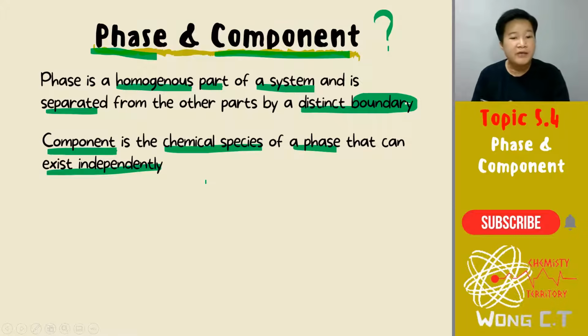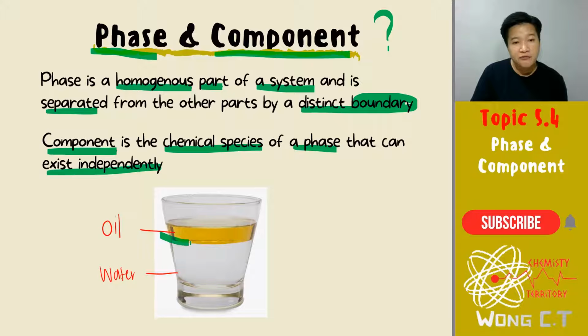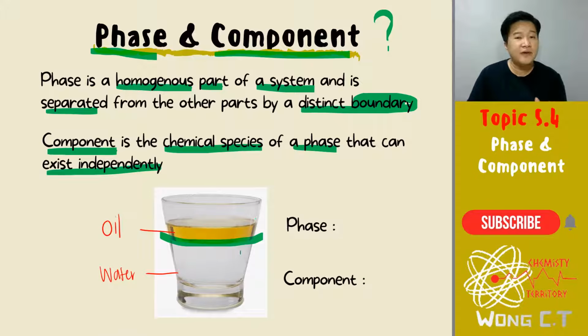Don't worry, there's a very simple example over here. If you look at it, that is my oil and this is my water. And if you look very carefully, we know that oil and water do not mix. Therefore, you can see a very visible boundary. So, how many phases do you have?